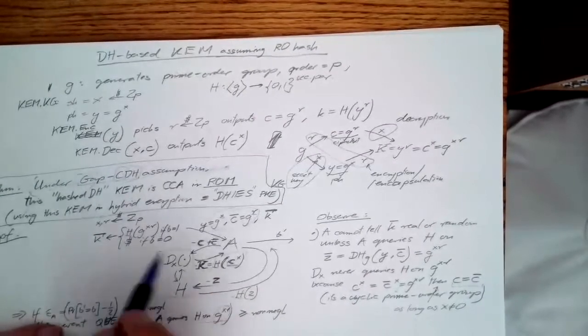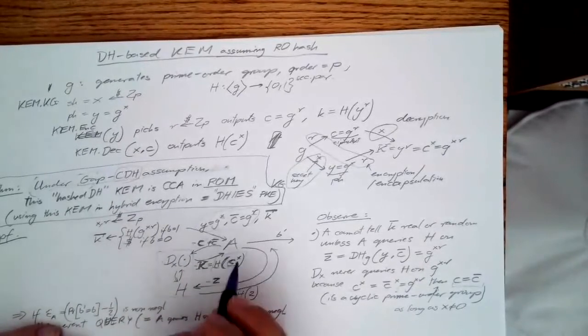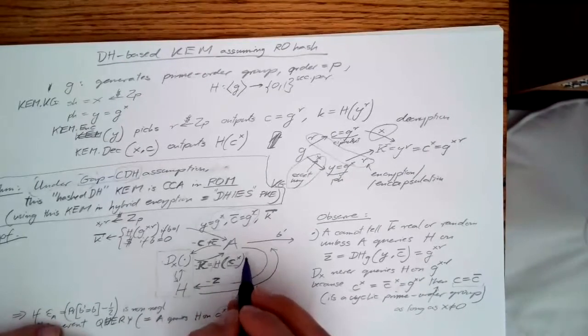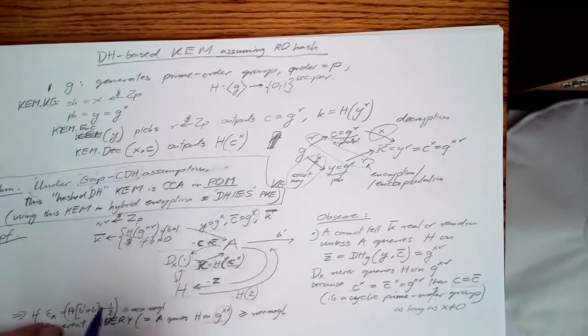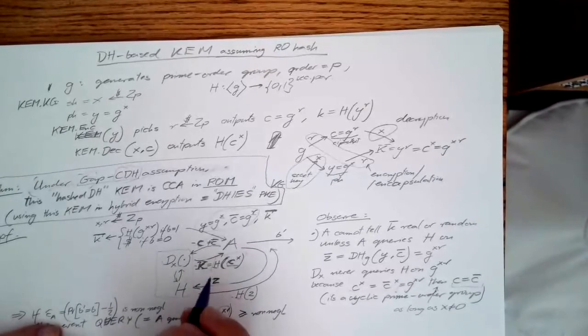So that means that what the reduction has to do to survive this way of simulation is that it doesn't really have to compute C to the X for any C that the adversary presents. It only has to identify the correct C to the X values that are explicitly specified by the adversary in these hash queries. So rather than compute, it has to just recognize.